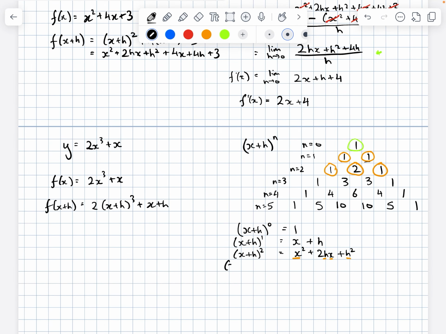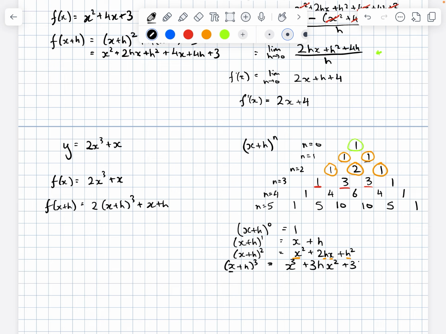So x plus h to the power 3 is, if I look at our formula, we've got 1. So that's 1 times x cubed. And then I've got 3. That's plus 3 times, I'm going to introduce the next variable and reduce the power of the x by 1, plus 3.